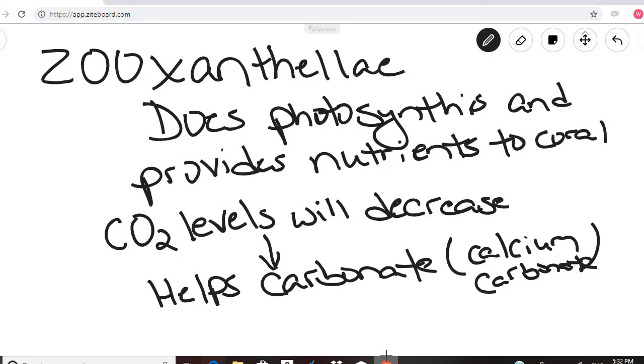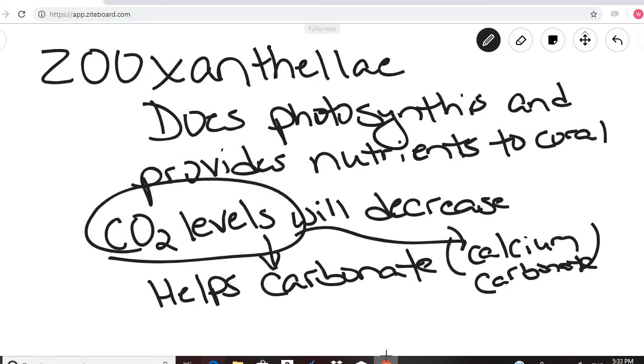So then the calcium carbonate can be built as a protection around it. So it provides nutrients, but it also affects the CO2 levels, which in turn helps the calcium carbonate.